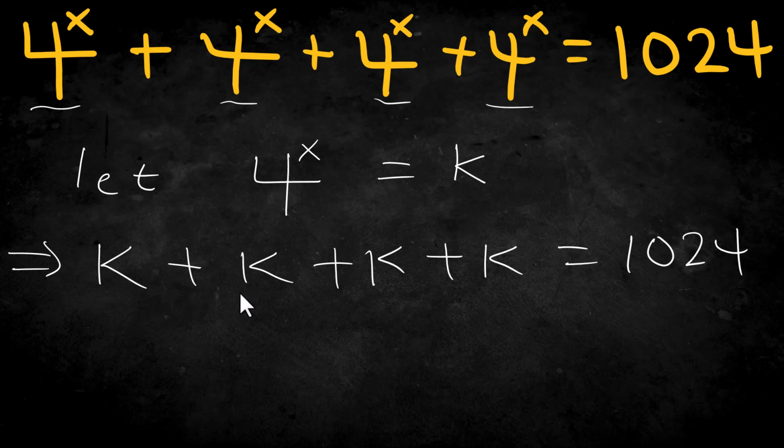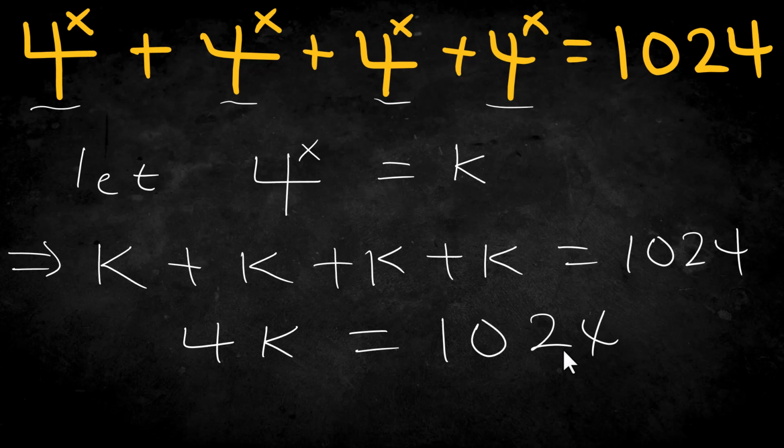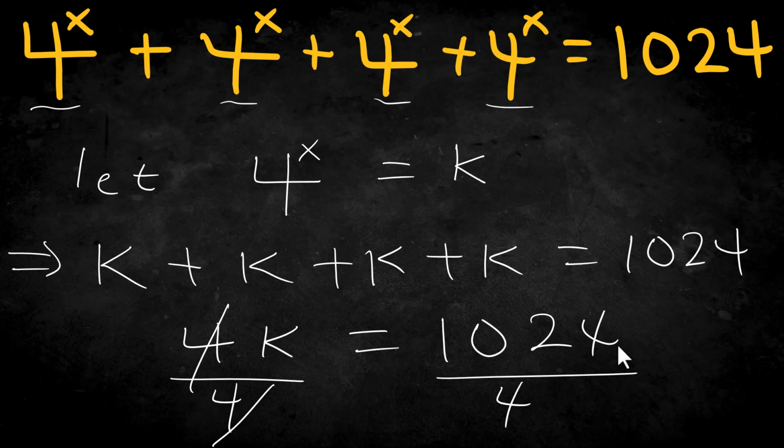K plus k plus k plus k will be 4k equals 1024. So we can divide both sides by 4. That will make this side k. So 1024 divided by 4: 2 here, 2 here, 5, 1, 2.